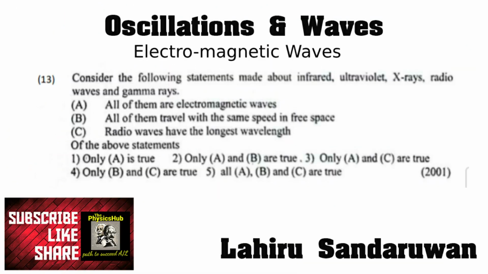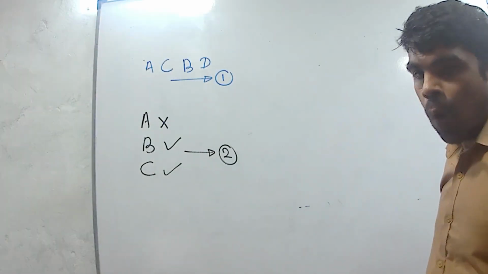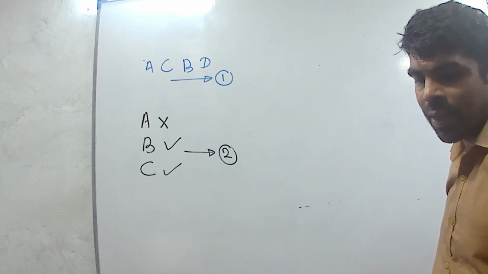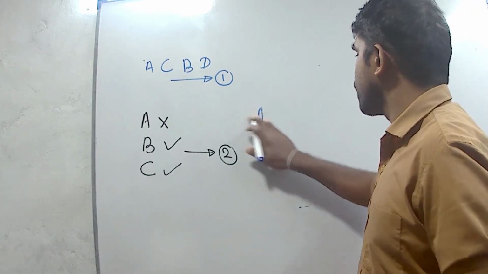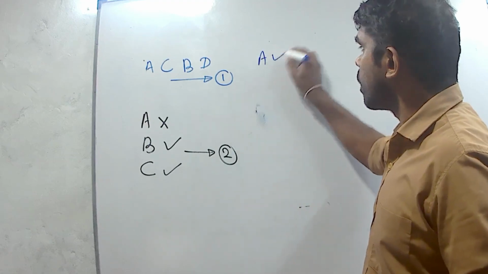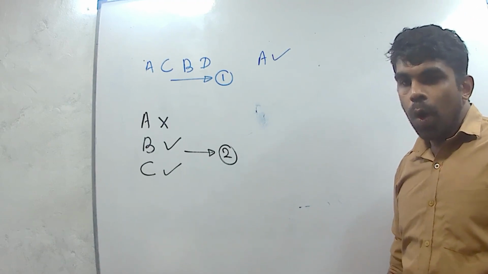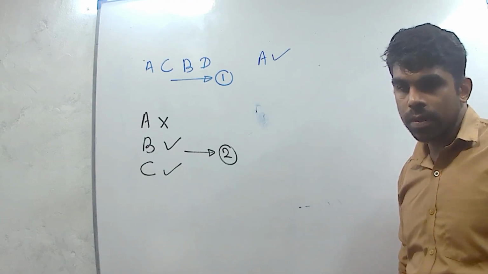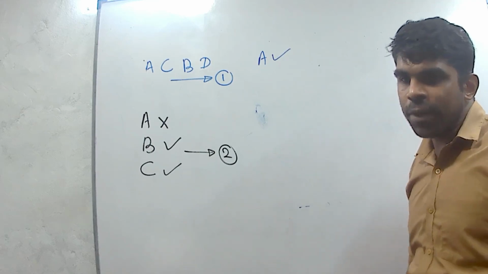Consider the following statements made about infrared, ultraviolet, X-rays, radio waves and gamma rays. Statement A. All of them are electromagnetic waves. Yes, it is correct. B. All of them travel with the same speed in free space.